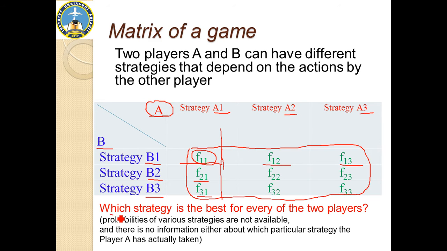Now, which strategy is the best for each of the two players? This matrix is public knowledge. So these numbers, the payoff for one player and the losses for the other player, are in the public domain. The probabilities of various strategies are not available yet, and there is no information about which particular strategy player A has actually taken.